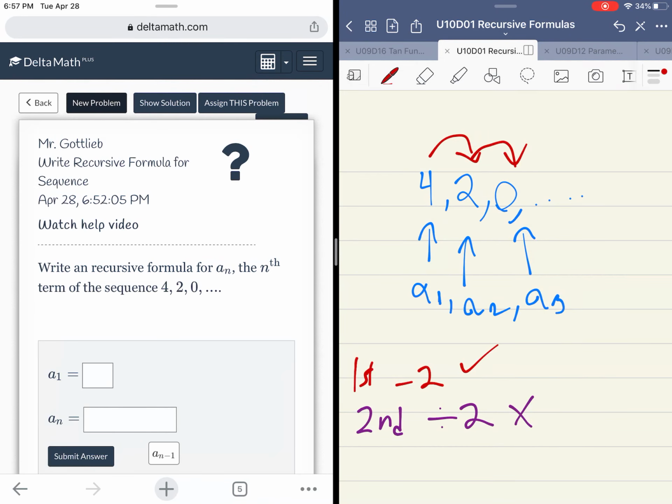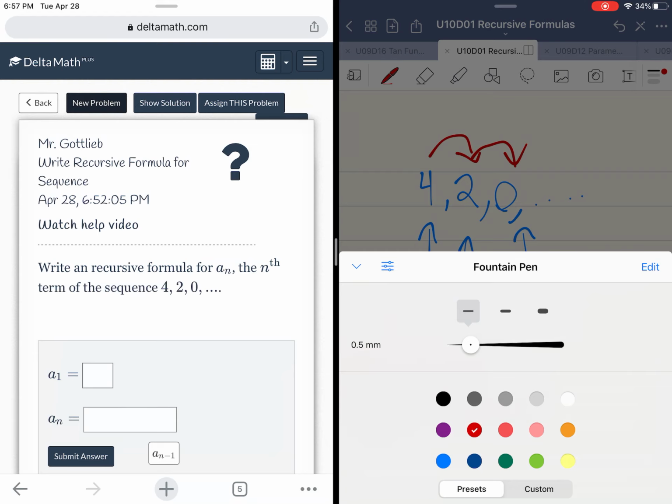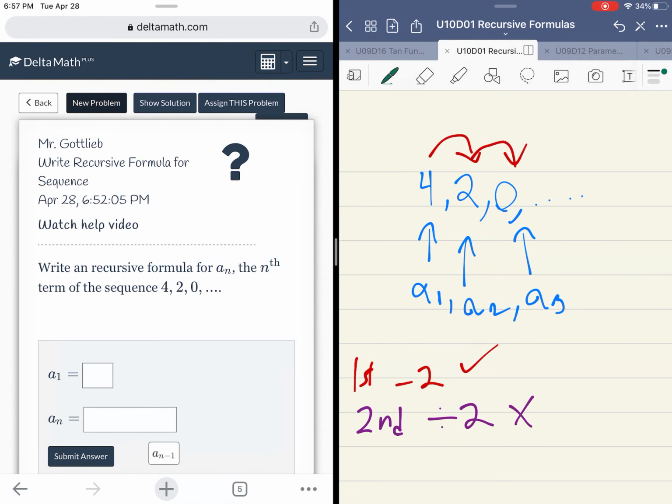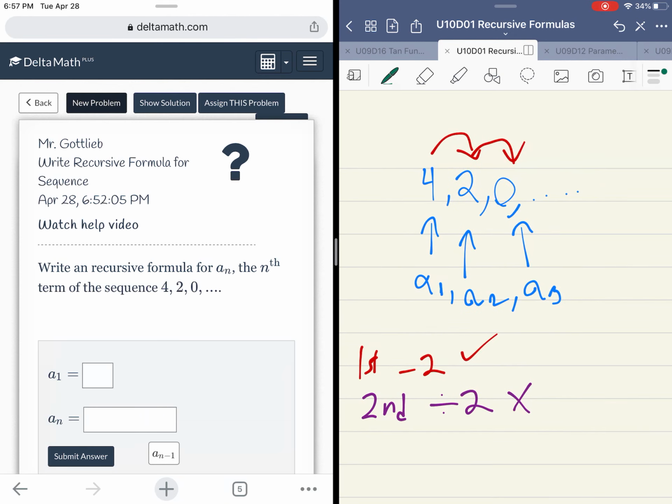It doesn't have to be as simple as just one operation. It could be a rule where you do multiple operations. For instance, a third possible rule would be times 2 minus 6. Let me write times as a dot.